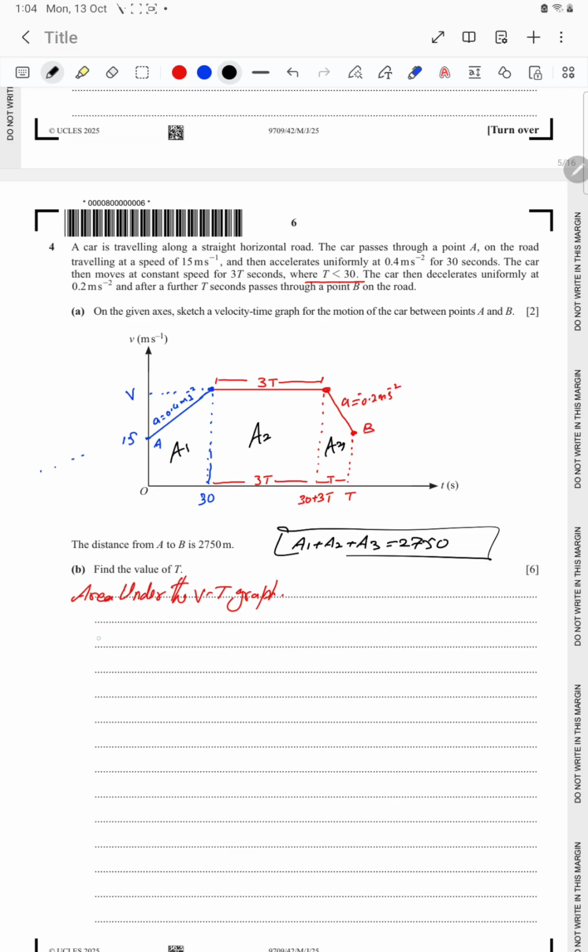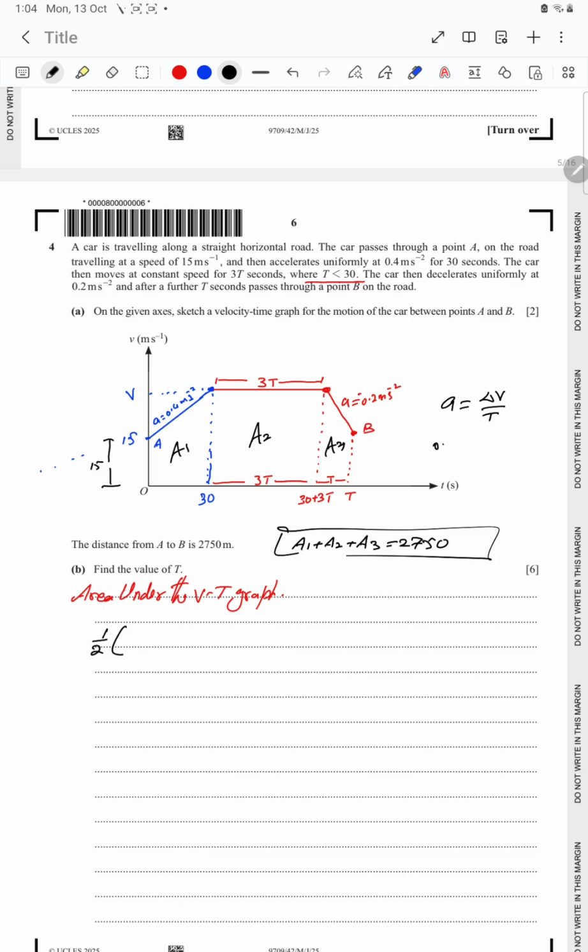The required area: first A1 will be 1 by 2 times the sum of parallel sides, which is 15, but we need to find what V is. Yes, we have to find this V first, because until then we will not get the exact values. This is 15 here, the height is 15. The acceleration A is del V by t.